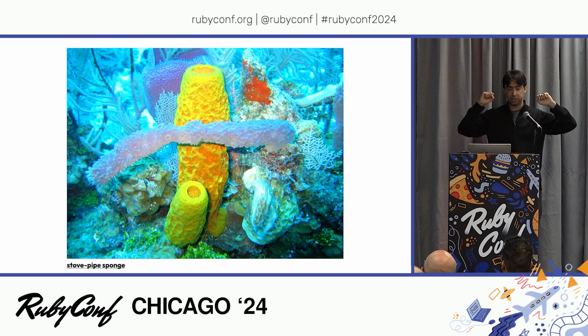But what it does is it secretes a protein called collagen, and then a lot of these cells come together. They secrete this collagen structure, and that forms the pipe. And then their tails are actually pointing inside the pipe, and they move their tails in unison to pump water through the pipe.